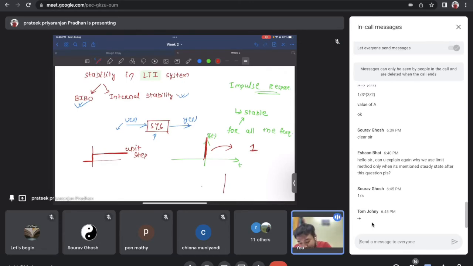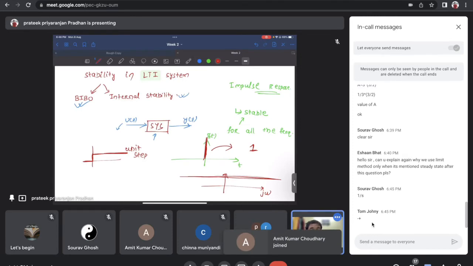So if we plot that in the Laplace transform, in j omega, or the frequency, it's 1, whole 1. That is why whenever we get a system, the first thing we do is the impulse response, so that I can check if my system is stable for all the frequencies or not, because the impulse response for the Laplace transform covers all the frequencies, j omega.